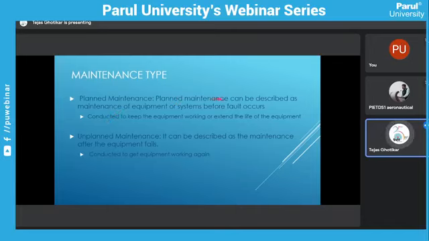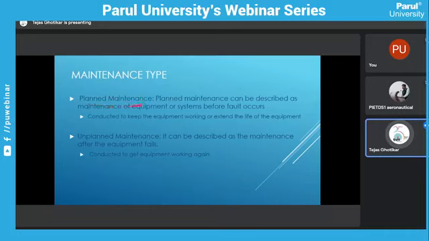So what is planned maintenance? Planned maintenance is carried out before the failure of an equipment. It is maintenance of equipment or system before a fault occurs. So how can we figure out that there will be a fault, or that we need to go for maintenance?